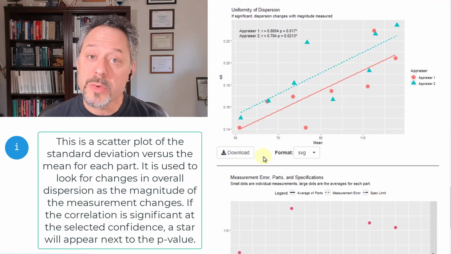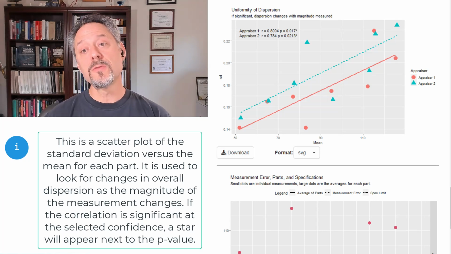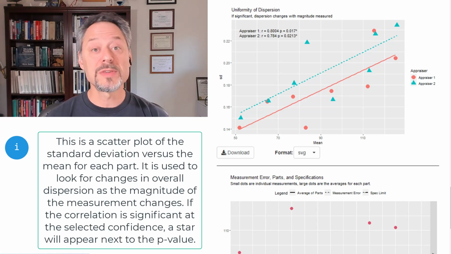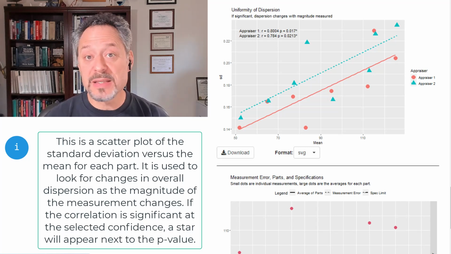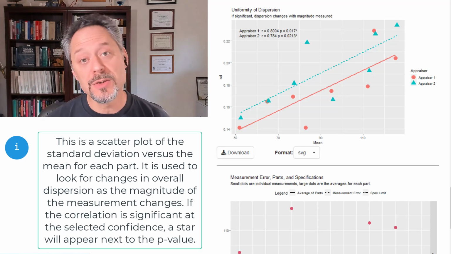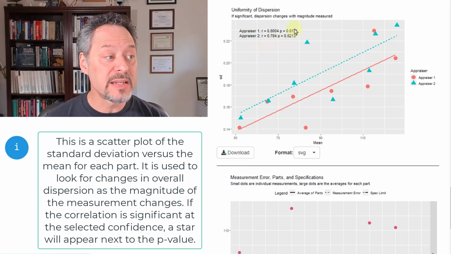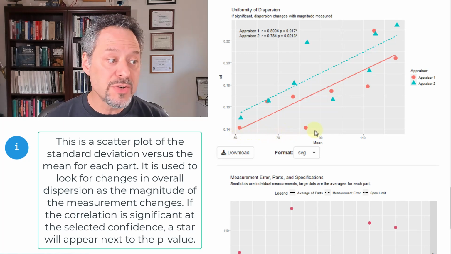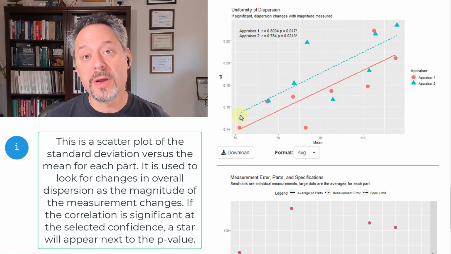And here is where we get the first hint of that. So uniformity, as I said before, is how much variation you have associated with your measurement. Is it related to the thickness, in this case, of what you're measuring, the magnitude of what you're measuring? And it turns out in this case it is. So both of these tests indicate significant effects. And you can see that as I go up in what I'm measuring in terms of the thickness in millimeters, my standard deviation also goes up.